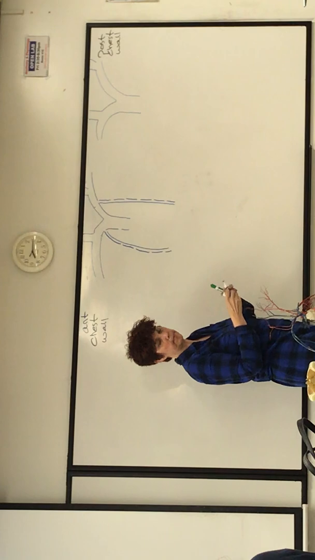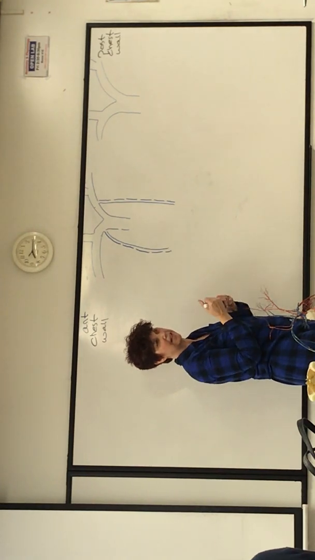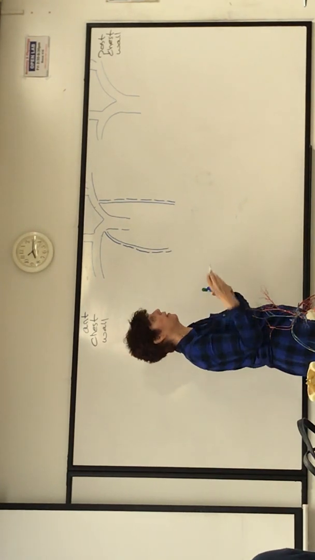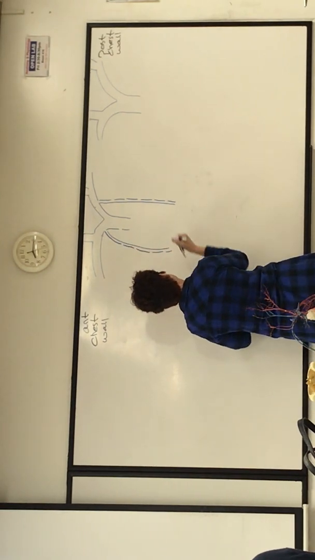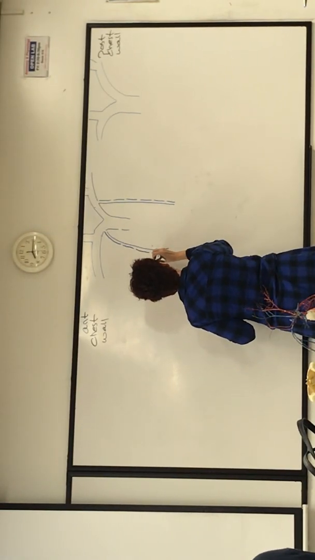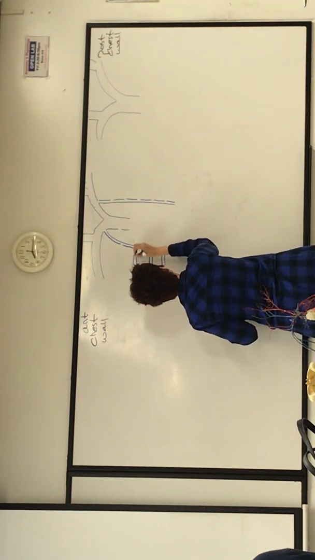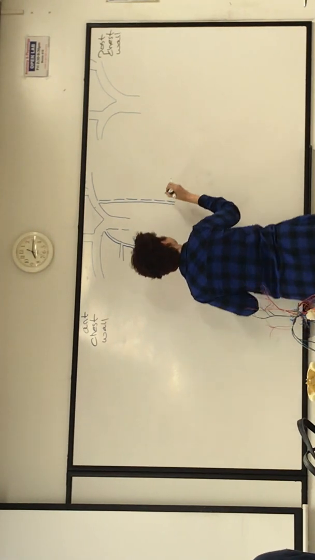So what was our next number? 27. The new one? Okay. So coming in, 28 will be the anterior intercostal veins, and 29 will be the internal thoracic vein.